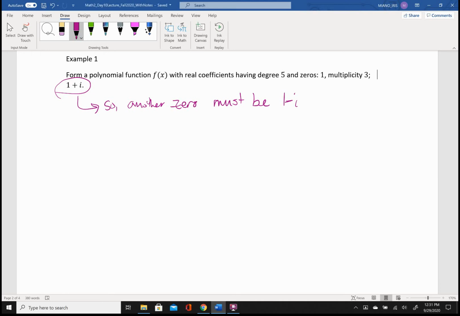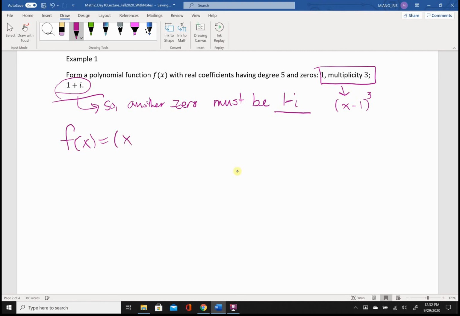So keeping that in mind, and then also taking this other piece of information, this means that one of the other bits of this function is going to be x minus 1 to the third power. That's how you have a zero of 1, but with multiplicity 3. So we'll take this information and this information and come up with our f of x function. Putting it together initially is kind of a snap.